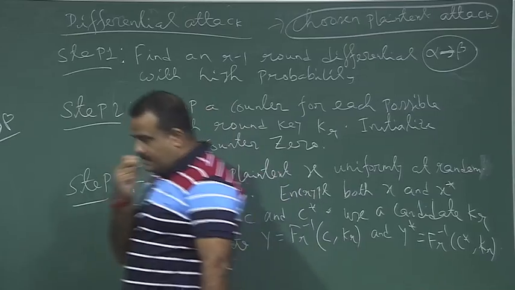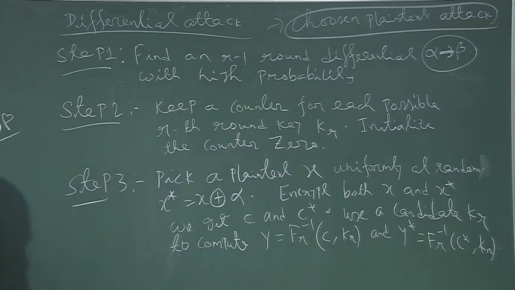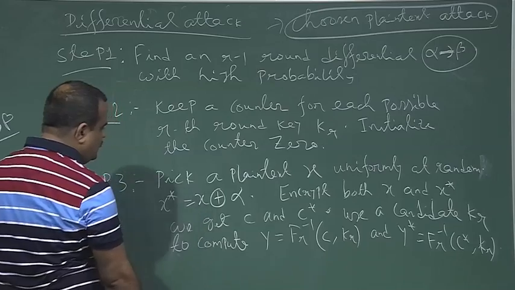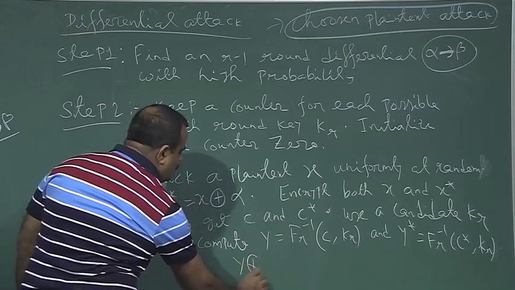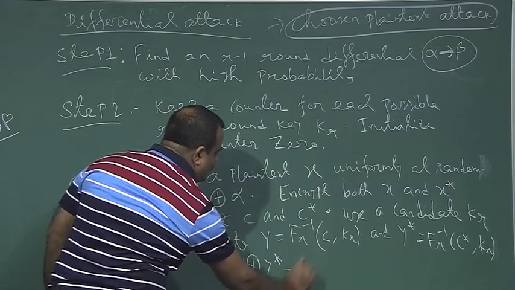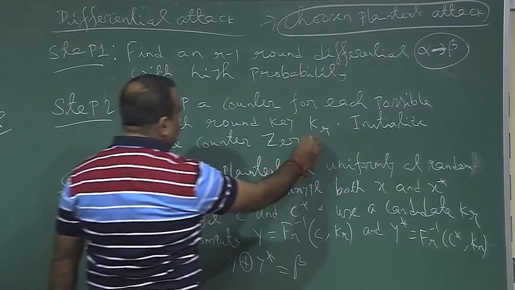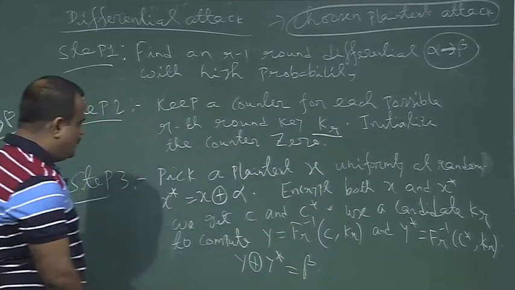So, we choose a candidate key. We have to do this for all possible keys, and then we check whether y XOR y star is beta or not. If it is beta, then we increase the counter value of K_R by 1.